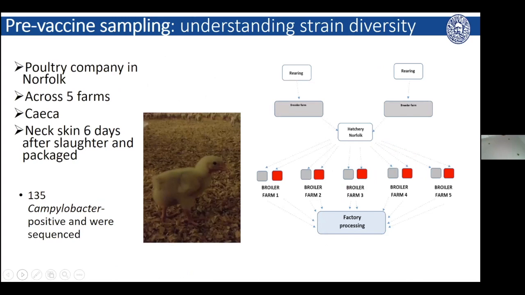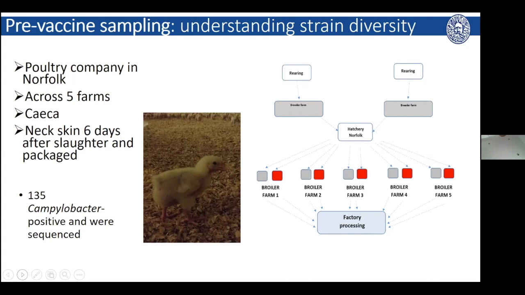One of the natures of autogenous vaccines is that they have to be isolated from the same farm and used on the same farm. So we worked with a poultry company in the UK, and we sampled across 5 different broiler sheds to understand the strain variation circulating at that time, and also to select isolates to include in a vaccine.